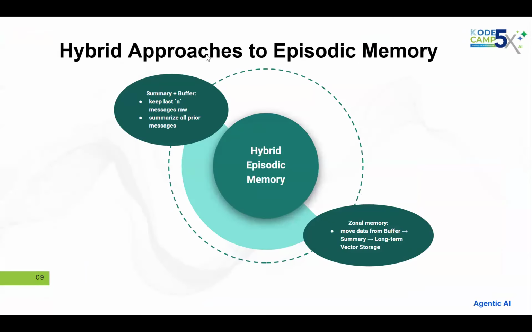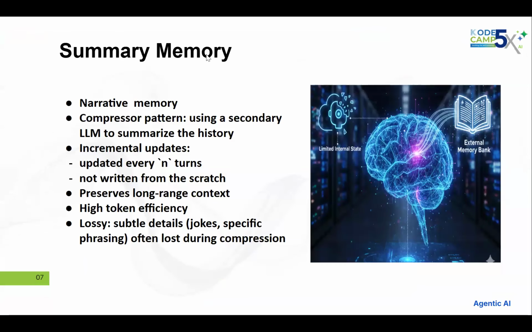Yeah, before this, we should talk about summary memory. Like I mentioned earlier, buffer memory is inefficient in its use of tokens, which could actually become a problem.